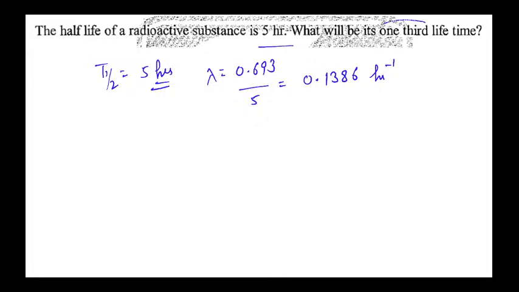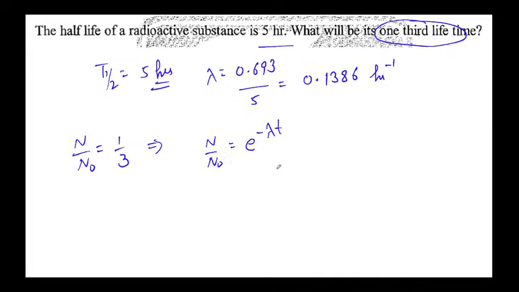So one third survives, so N over N naught is equal to 1 over 3. We have to find in how much time it will remain this much. Using the formula N over N naught equal to exponential of minus lambda t, this comes out to be 1 over 3, so 3 is equal to exponential of lambda t.